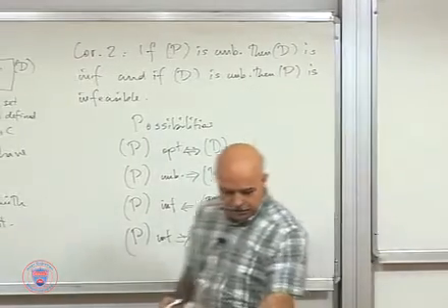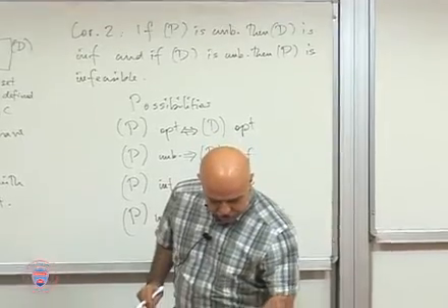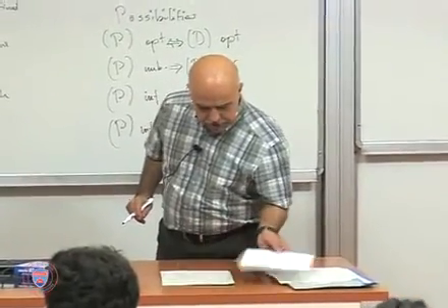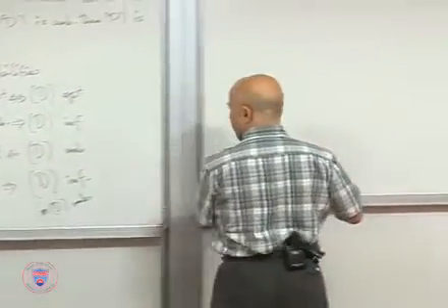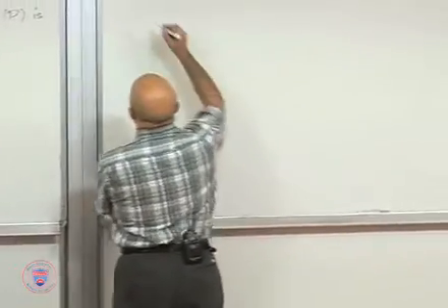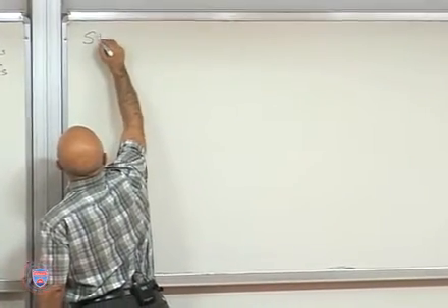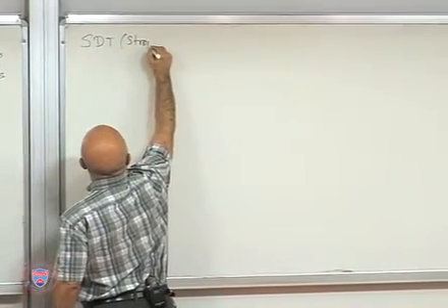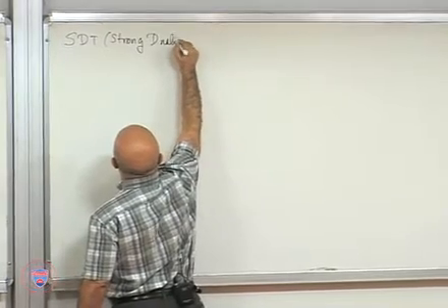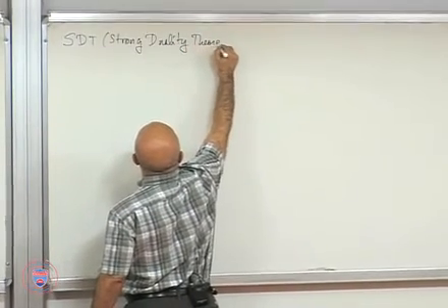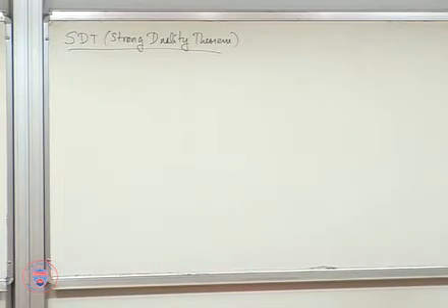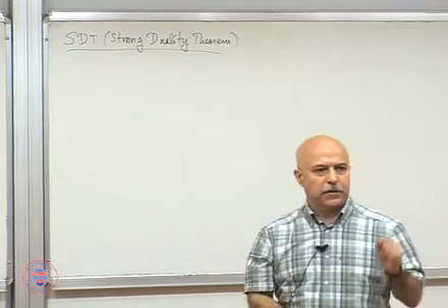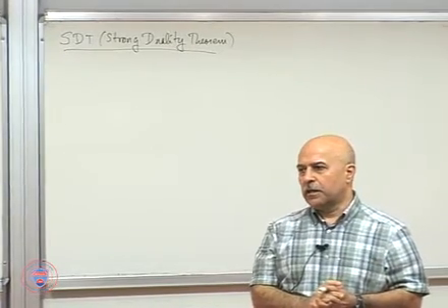Okay. So let me go into the strong duality theorem. The strong duality theorem simply says that if you have a primal dual pair, and if it so happens that one of them has an optimal solution, so does the other one.